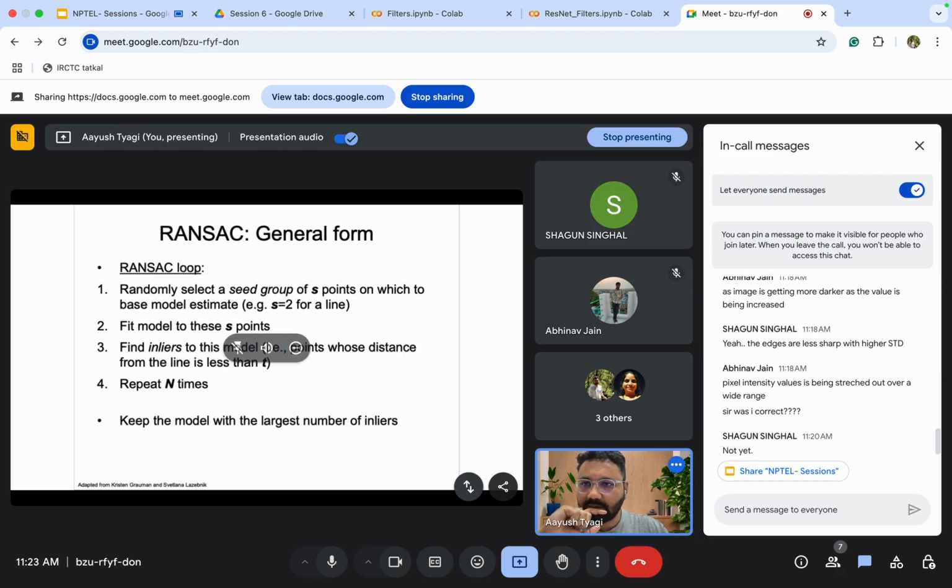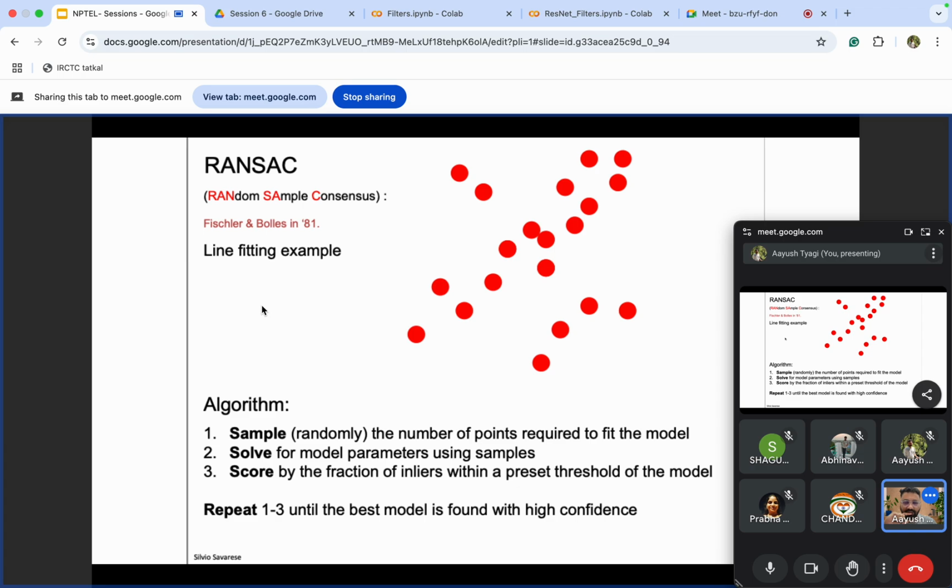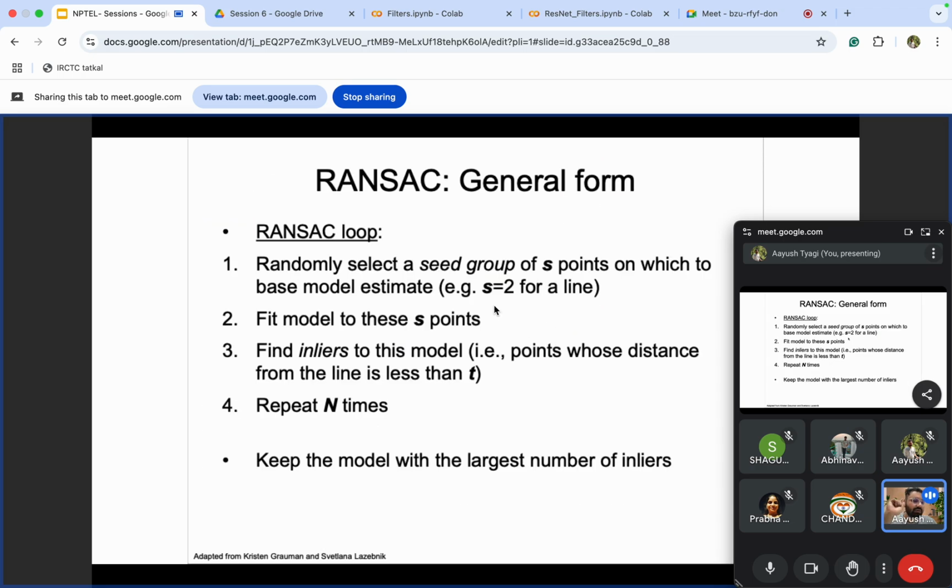how the data actually looks. Suppose this is the data you have, and what you want is to fit a line into this data. What people generally do is start with selecting 2 points, then based on these 2 points they draw a line, and you find out what the inliers to the model are. Inliers are the points which are within a threshold reach from this line, and you assign some sort of weightage to it.